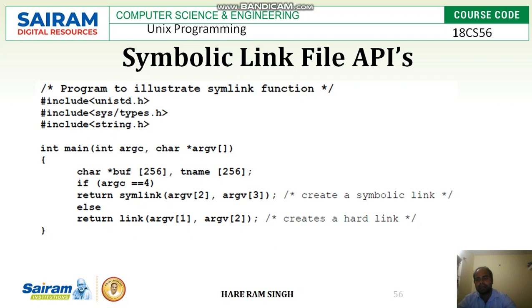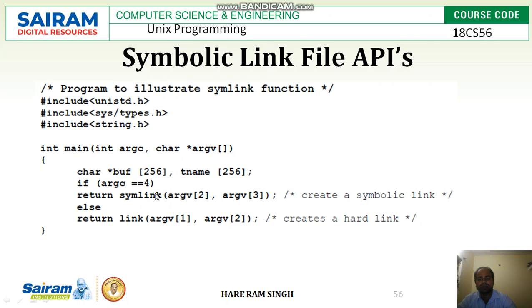Let us see one example program. #include <unistd.h>, #include <sys/...>. This program illustrates how to create a symbolic link. int main(int argc, char *argv[]). We are creating a buffer, char *buffer[256], and another pointer, tname[256]. For using the command line arguments, we are going to pass 4 arguments.